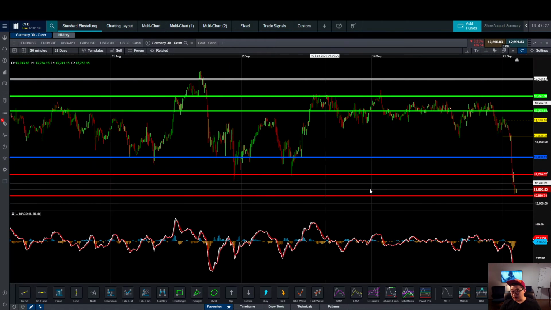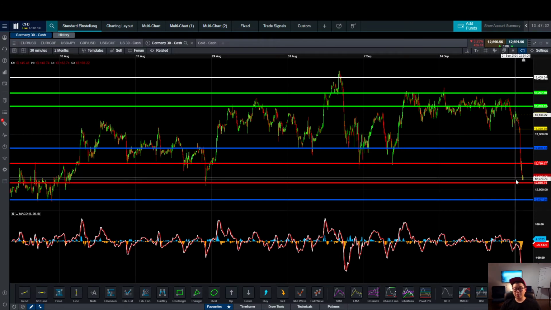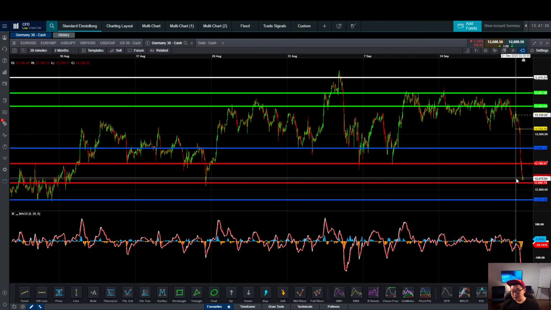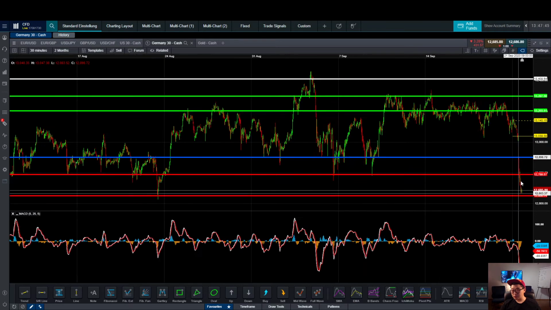So you see at this area we have the 61 from the day chart. We saw that this is the 61.8, right? And another thing is it's coming towards our support lines, yeah, from the hour chart. Yeah, it's not major yet, but it's coming towards our support lines.